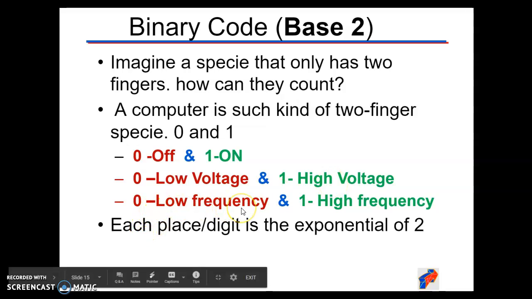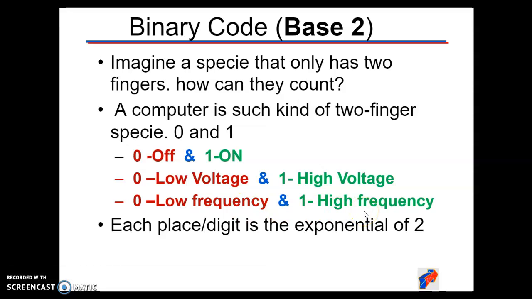In radio frequency, you could show low frequency and high frequency. In light, again low frequency, high frequency. In magnetism, you could show north and south. So any of the media that devices use can be easily set to 2 positions.